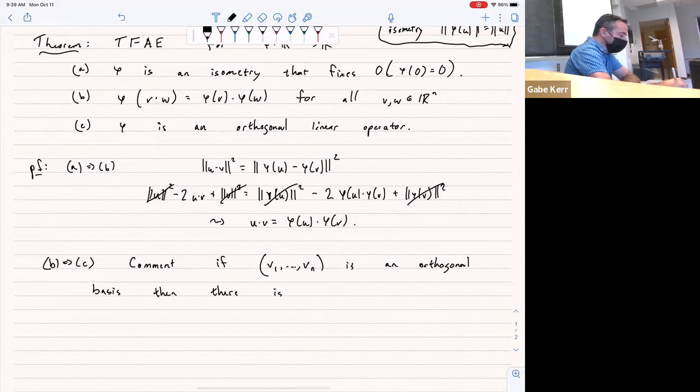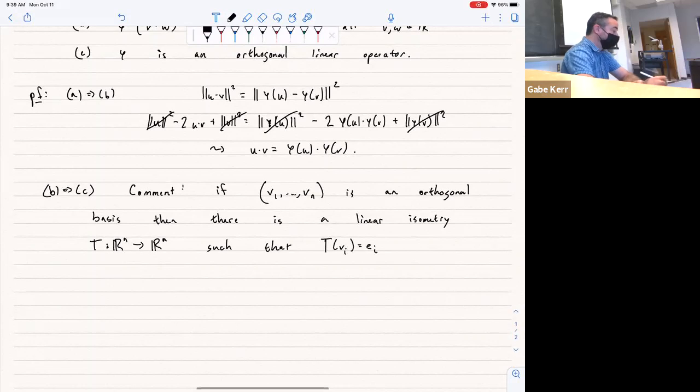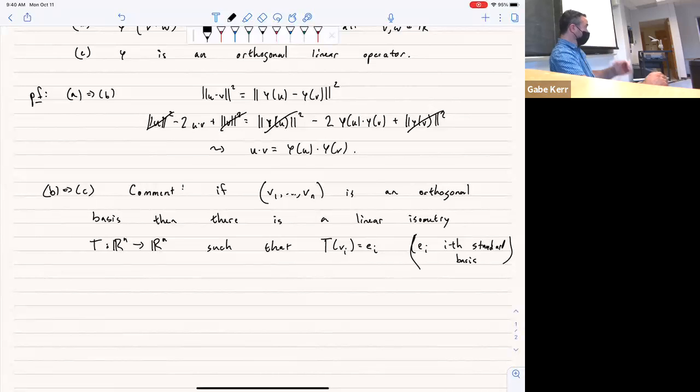there is a linear isometry T into Rn such that T of Bi equals Ei, Ei being the standard basis vector, which is 1 on the i-th row and 0 everywhere else.